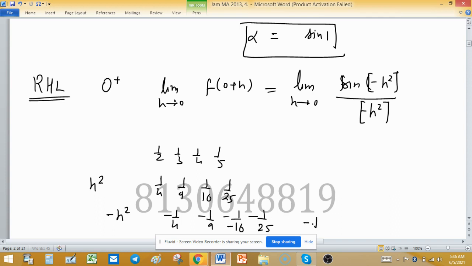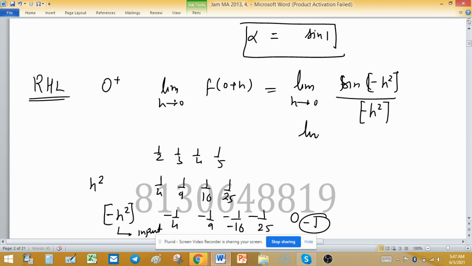So again the value is minus 1. The greatest integer of minus h square, this input, is again minus 1, because these values are near 0 but not equal to 0. So the greatest integer less than these is minus 1.